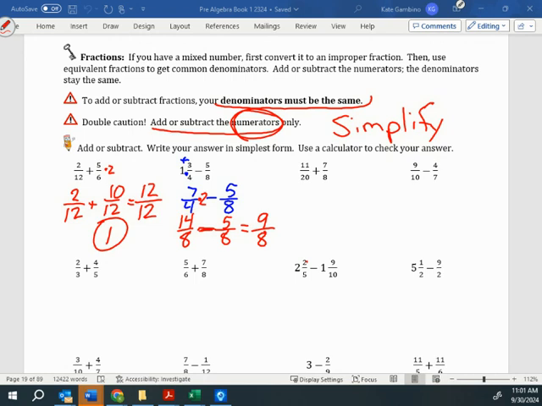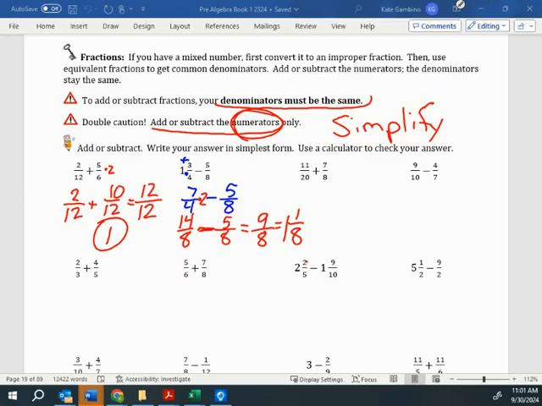I can take the 8 out of the 9 one time, and I'm left with 1/8 left. I would accept either answer, improper or mixed number, as long as it's correct. Okay? Always double check, am I adding or subtracting? Any questions on this part?